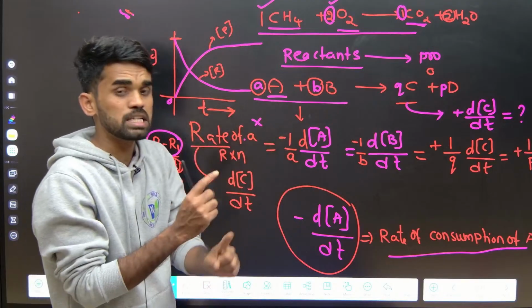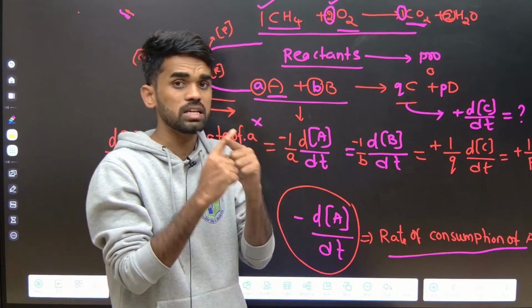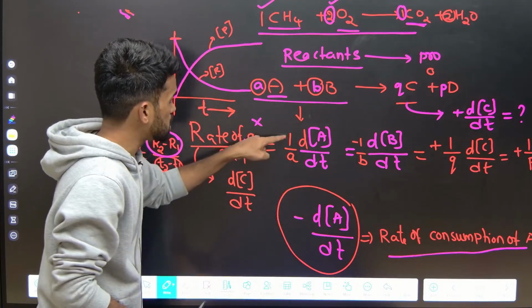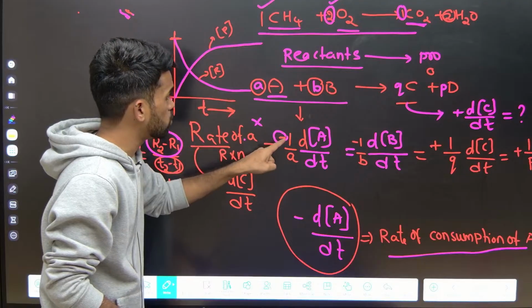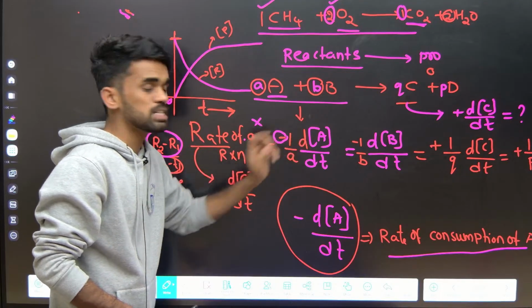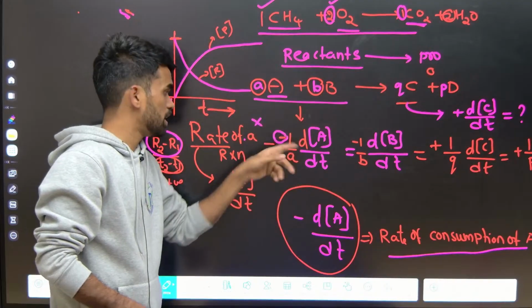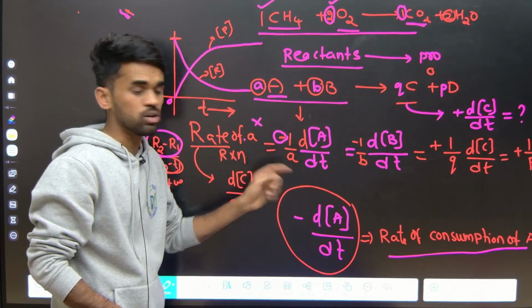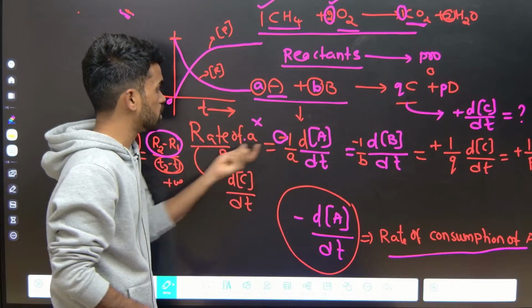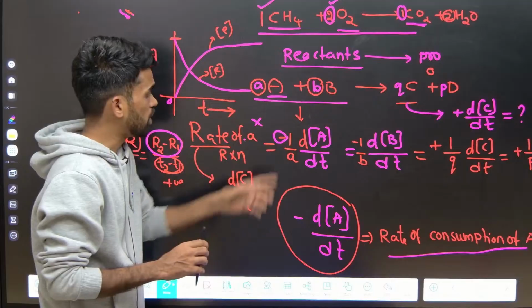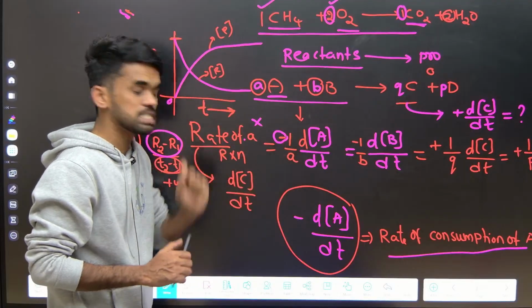So we should not express our answer for rate of reaction in negative terms, it must be positive. That's why we are inserting a negative symbol in front of the reactants. Therefore that will get cancelled out, and whatever answer we get will be expressed in terms of positive values only. Hope it is clear why we use these negative symbols in case of reactants.